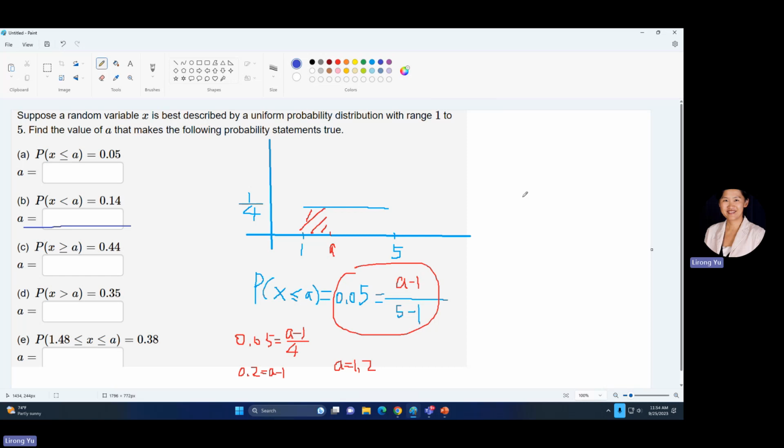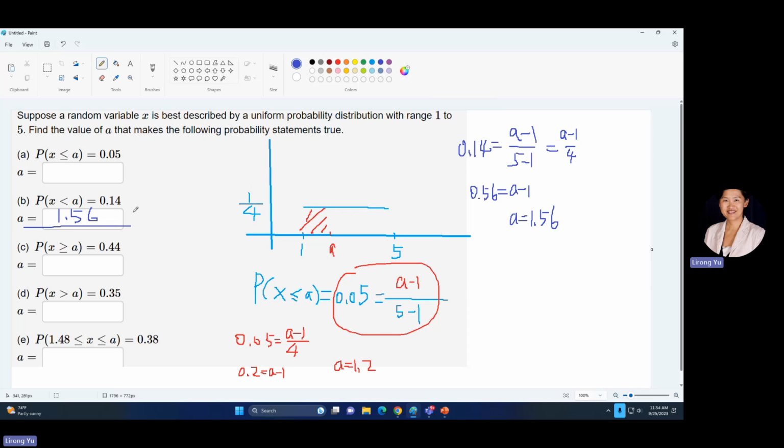So for the second question, all you have to do is 0.14 equals a minus 1 over 5 minus 1, which is really a minus 1 over 4. Multiply by 4, you have 0.56 equals a minus 1. So a equals 1.56. The answer is 1.56. These two are very similar, so you have very similar calculations.